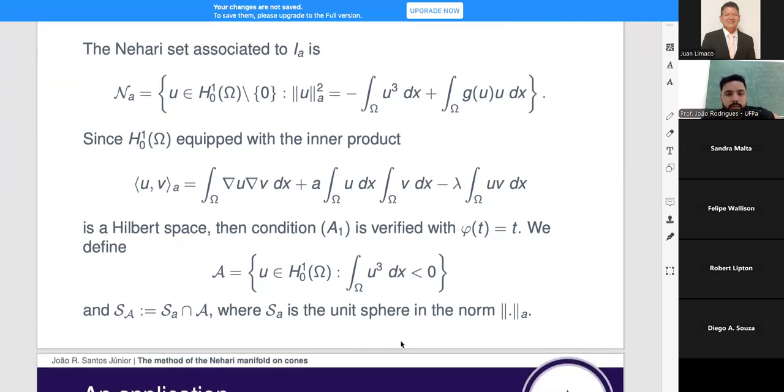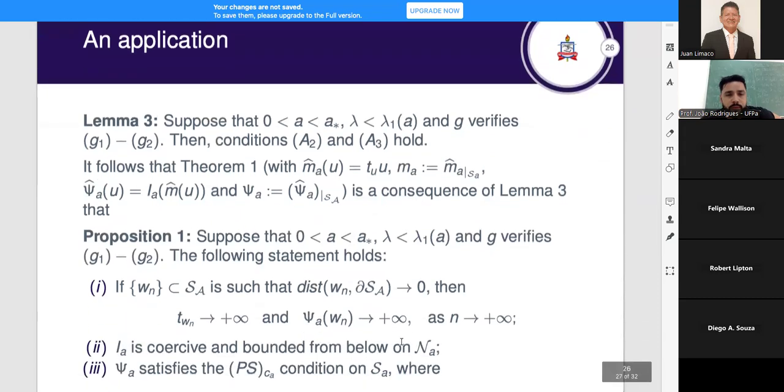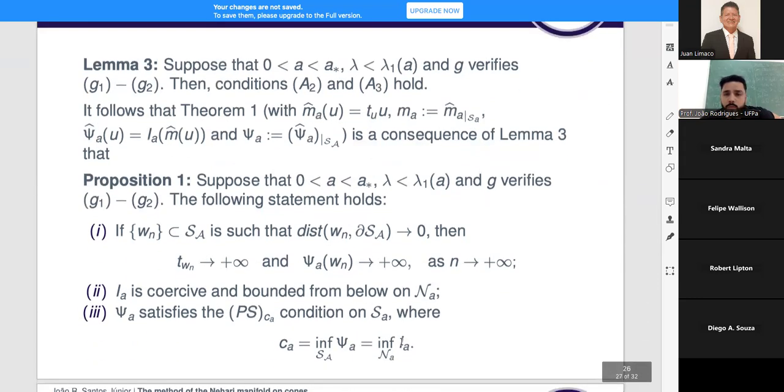We can prove some technical results in order to show that hypotheses A1, A2, and A3 hold in our case, and this second proposition is to control the behavior of minimizing sequences near the boundary of the set SA.